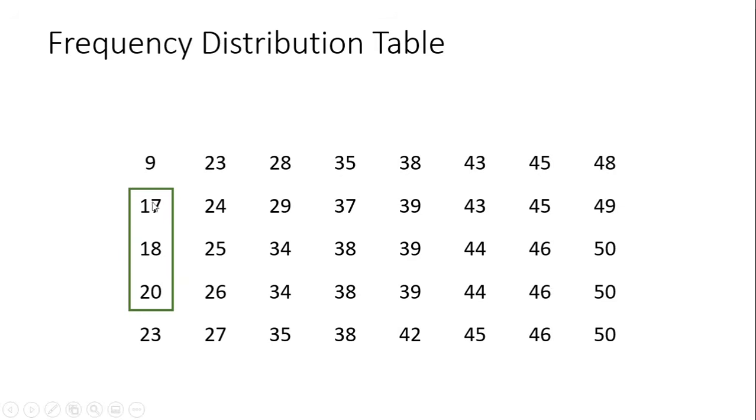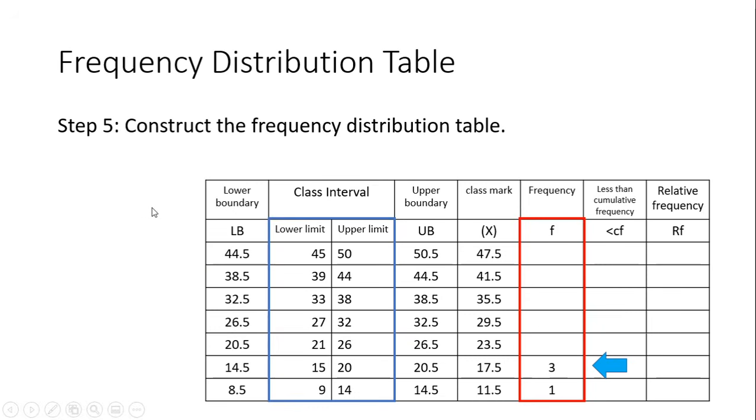So we have 17, it's within the range. 18, that's within the range. 20, that's still part of the range. Okay, that's our maximum value for that particular group. So how many scores do we have? We have 1, 2, 3. We actually have 3 individuals who have earned a score within 15 to 20.